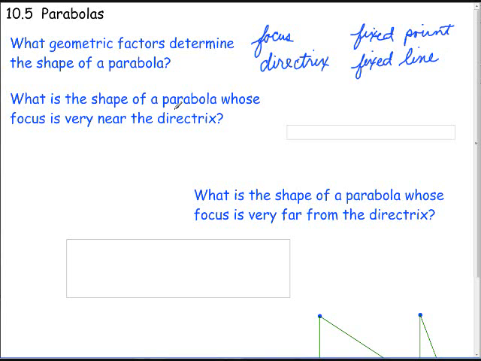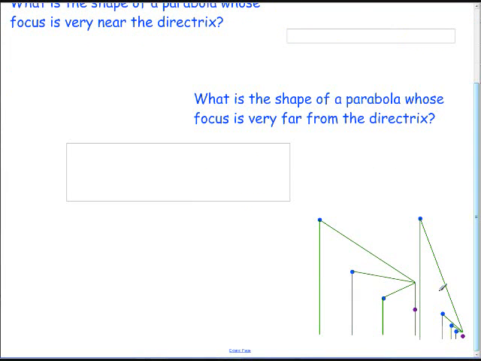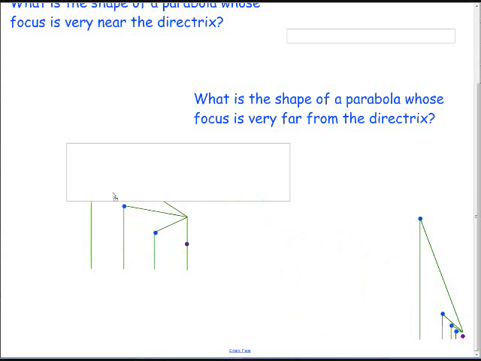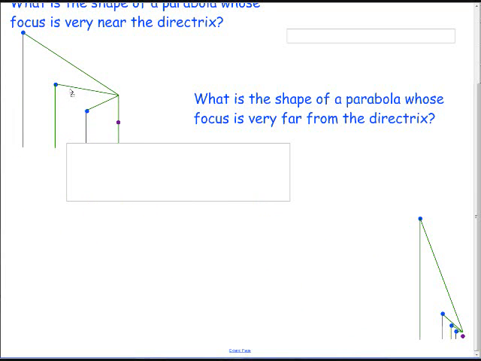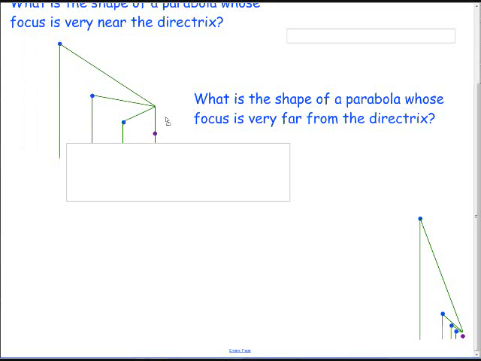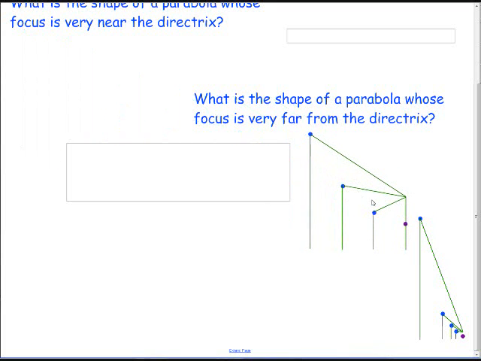What is the shape of a parabola whose focus is very near the directrix? I think I've got something to help us understand that right here. Well, maybe or maybe not. Let's see what goes on here. That one's very far. I'll look at that one in a minute.